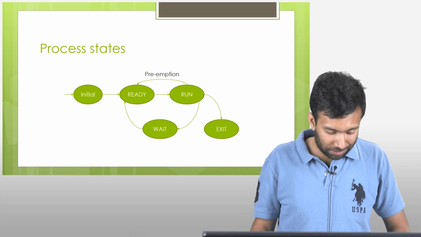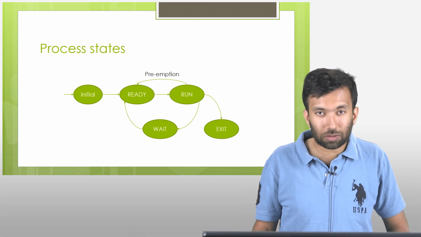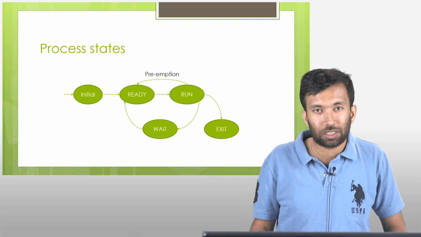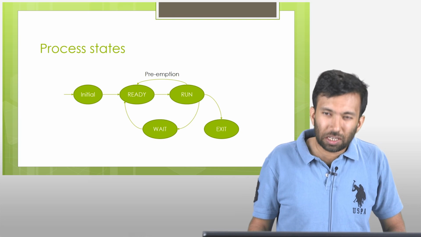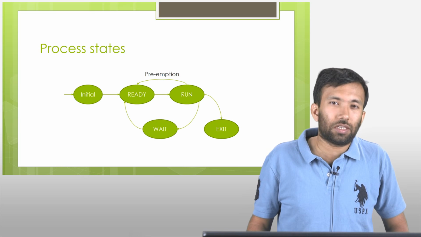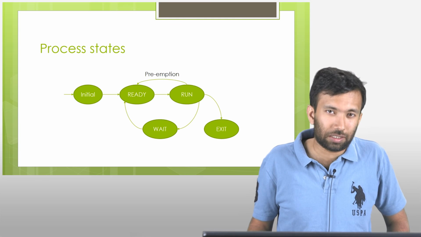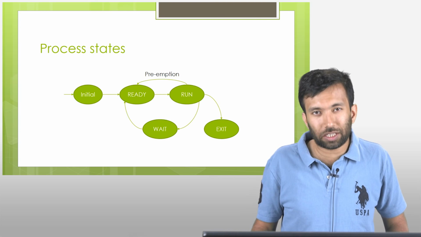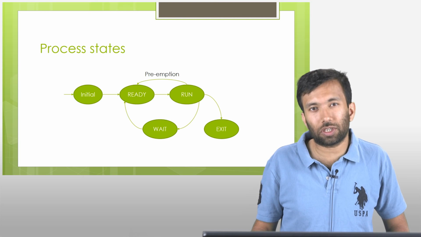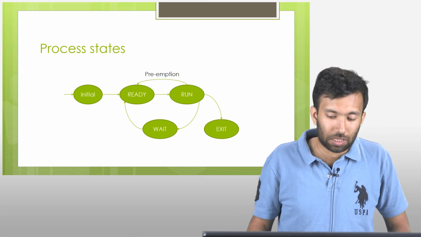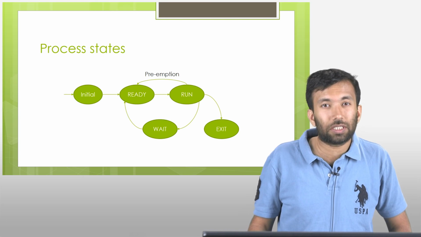Now if that is the case, then the process gets booted out from the run state and it goes into a wait state. Now when the input is done, the process cannot come back to the run state directly. It has to go back to the ready state and wait for the CPU scheduler to pick that process. That is the second thing that can happen.